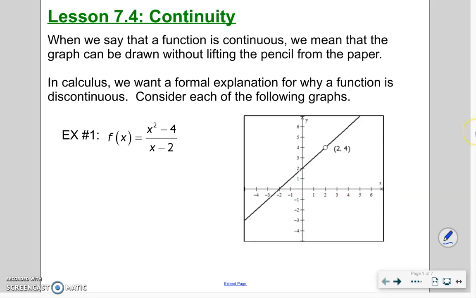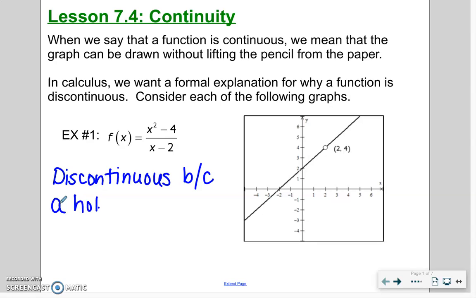So the first thing I'm going to ask you to do is, when you look at this graph, tell me, is it continuous or not? Well, this graph is not continuous because it has a hole in the graph. If we were explaining this the pre-calculus way, we would say that this is discontinuous because there's a hole in the graph.